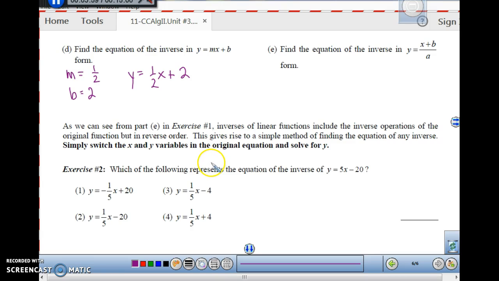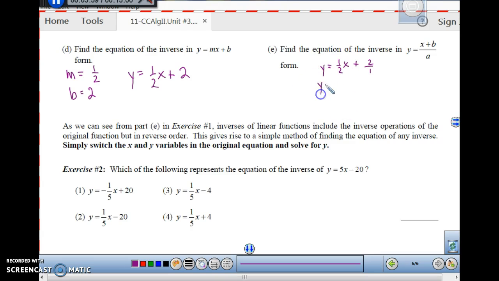Okay, now, if I wanted to find the equation of the inverse in y equals x plus b over a form, I can rearrange this so that it's in a different form if I wanted to combine this into one denominator. So I'd take my equation, y equals 1/2 x plus 2, and technically this is 2 over 1. If I wanted to combine these into a single denominator, I would need a common denominator, right?